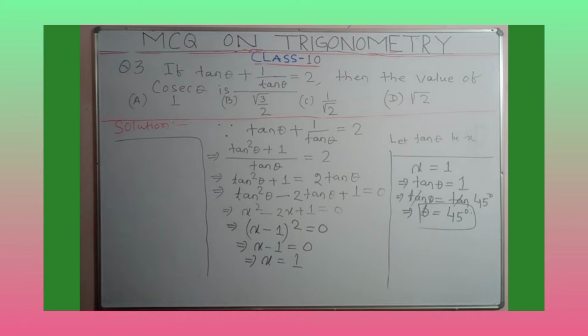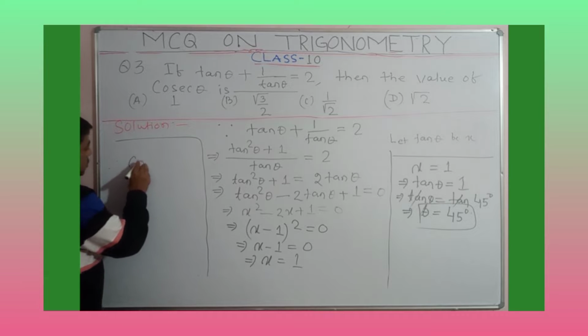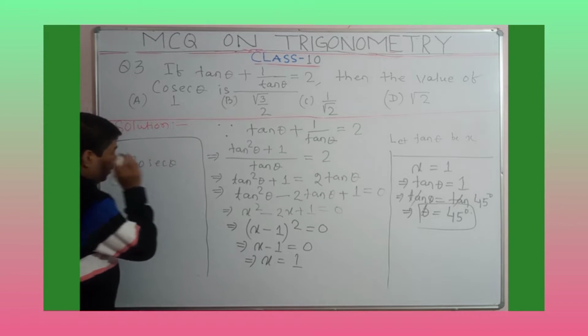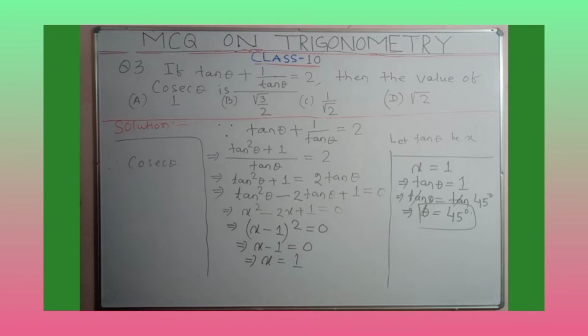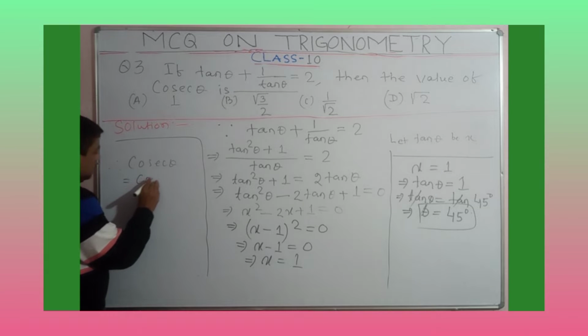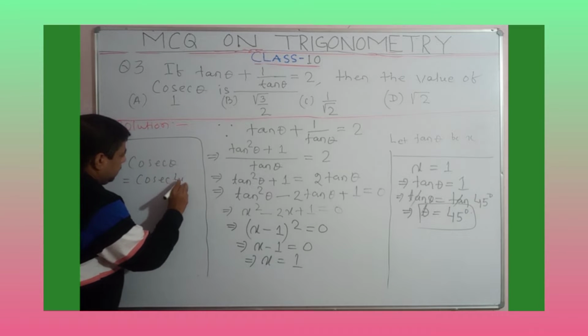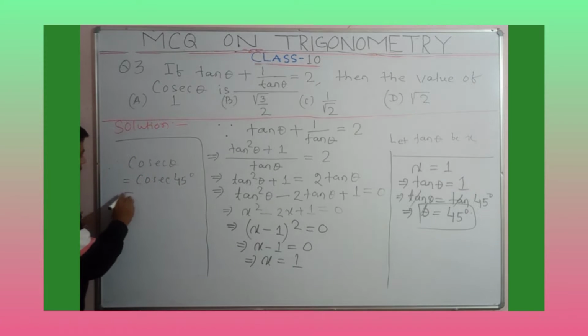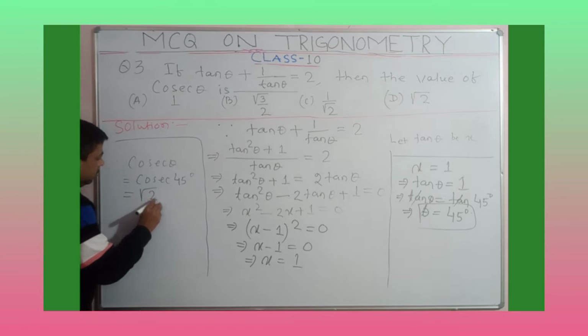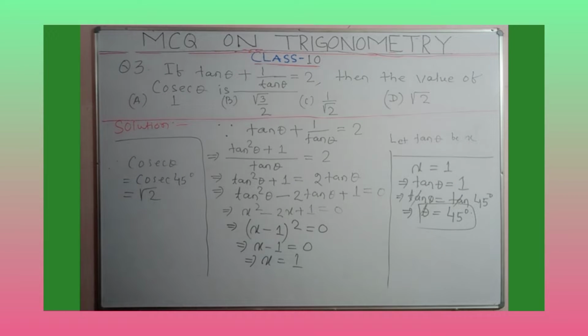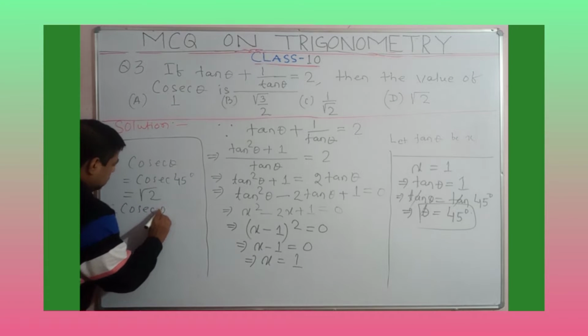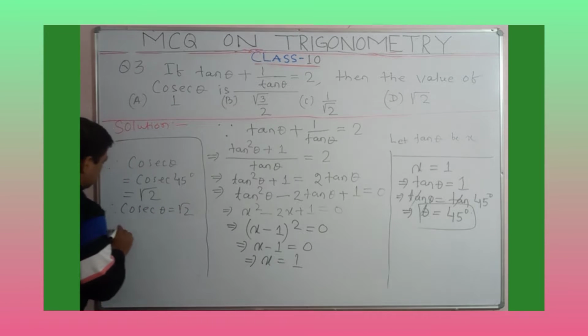Understand? So it is given that you have to find out cosec theta. After putting the value of theta here, we shall get cosec 45 degree. And what is the cosec 45 degree value? All of you know, root 2. Hence cosec theta is equal to root 2. And which is the correct option?